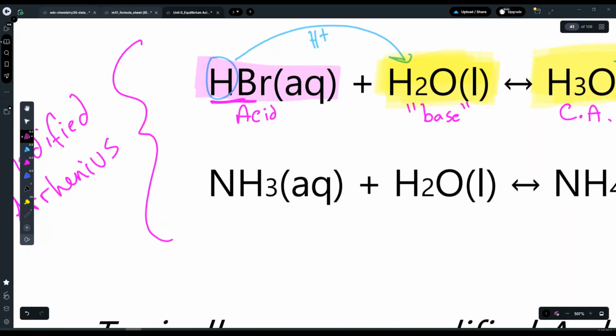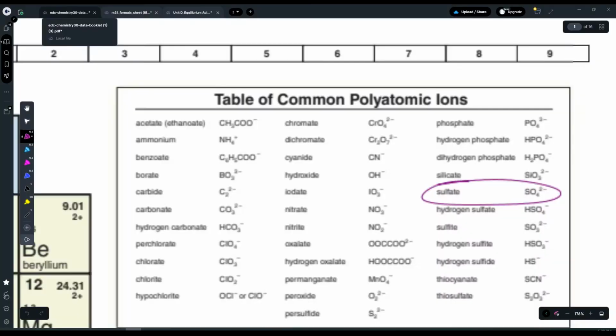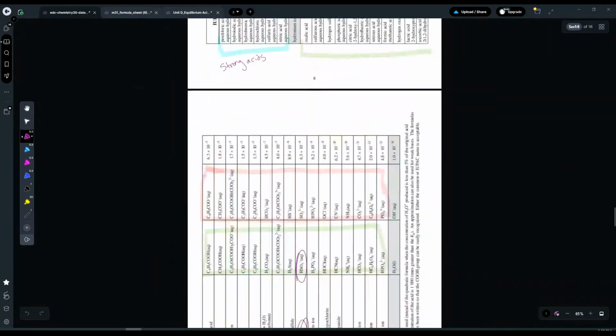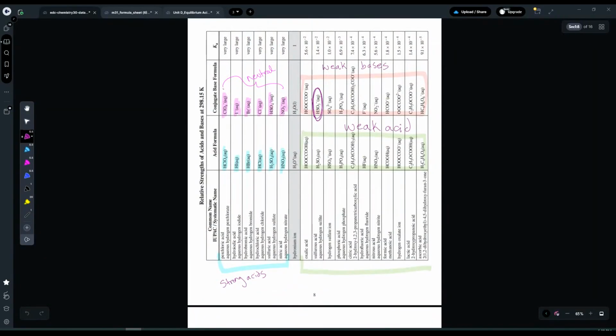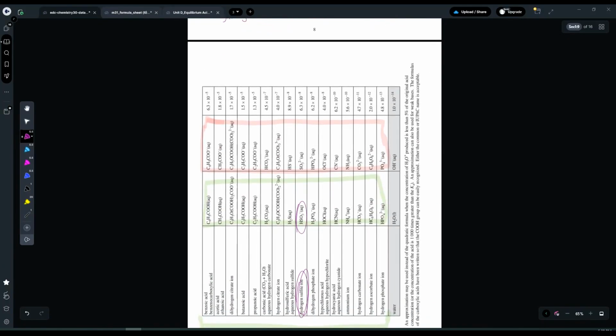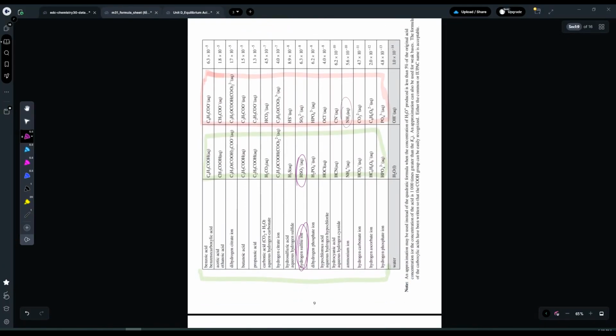Okay, with ammonia, if you look that up on page 8 or 9 of your data booklet. So for ammonia, where you're going to find that is right here.